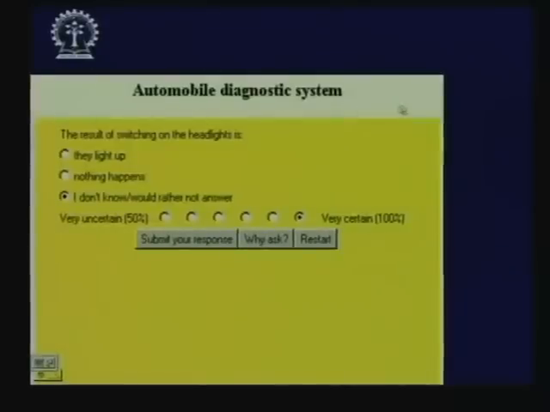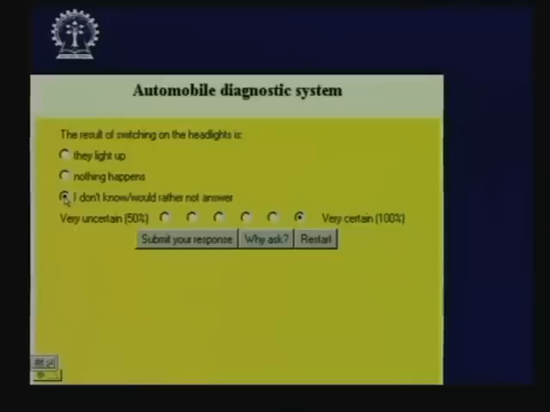Now, here is a typical GUI where the expert system shell has been used to develop an automobile diagnostic system, and this is a GUI which is being shown to the user, so that the user can select the result of switching on the headlight. We had just shown the example: they light up, nothing happens, I do not know.